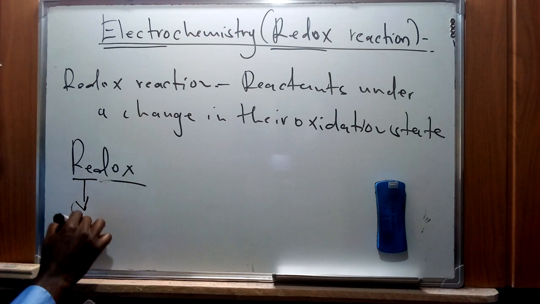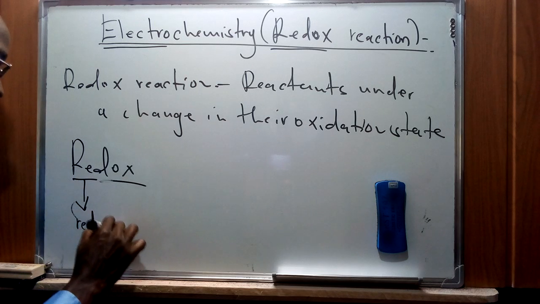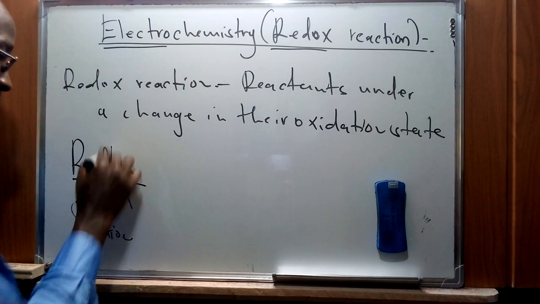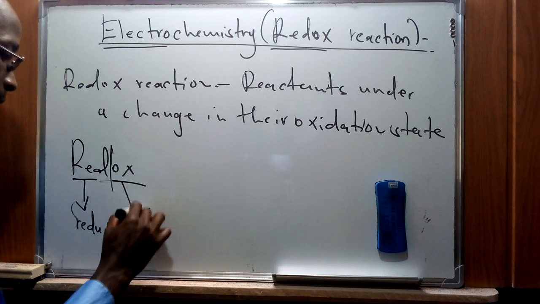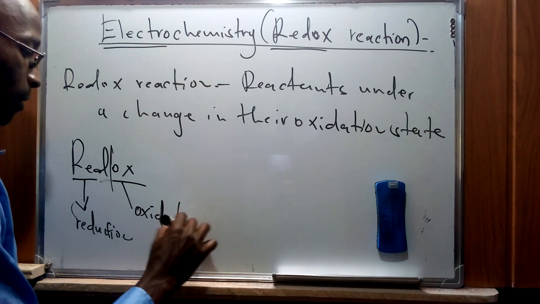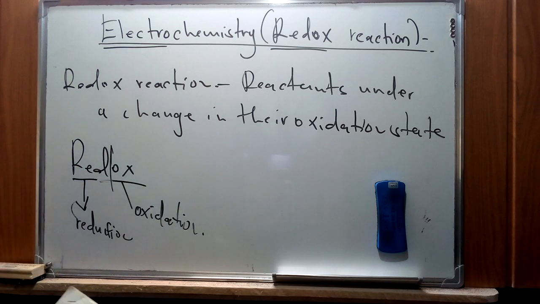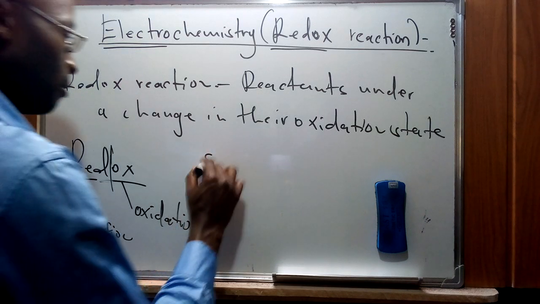This is a reduction, and this is oxidation. So this is just an acronym for the name reduction oxidation, which combines the two to form the term redox reaction. Simply, it means that it's an oxidation reduction process which takes place simultaneously.